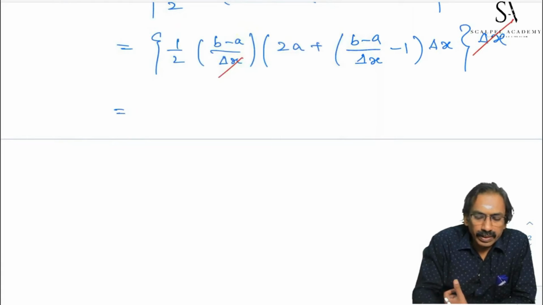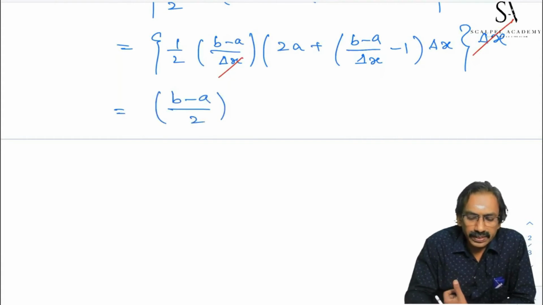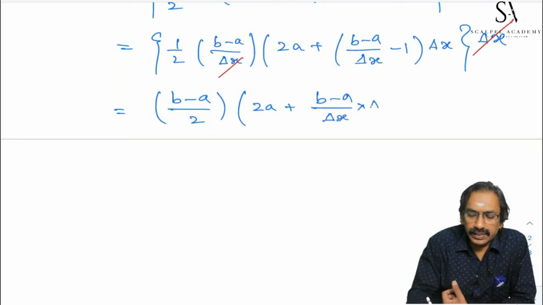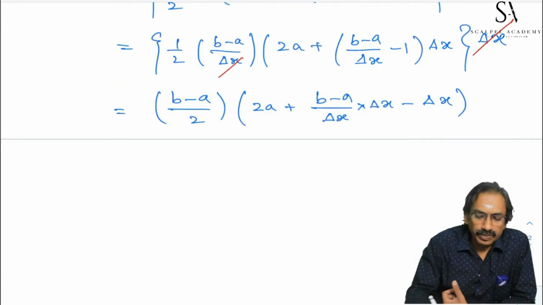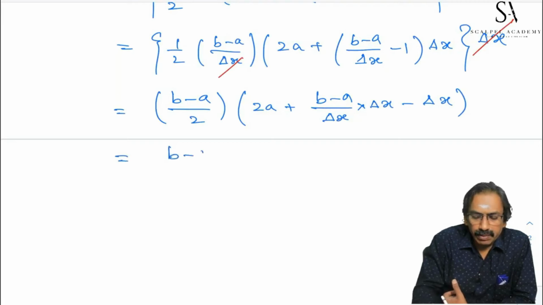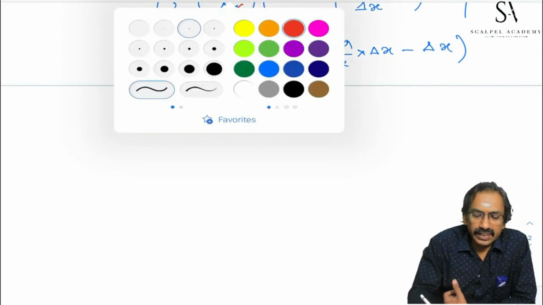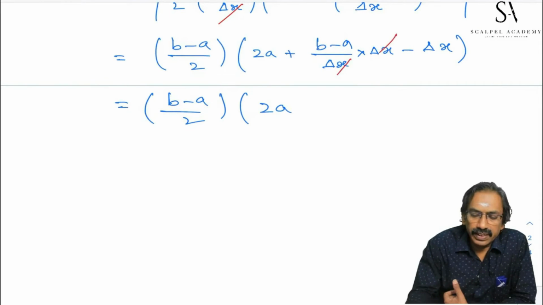Therefore, (b minus a) divided by 2 into (2a plus ((b minus a) by delta x) into delta x minus delta x). So, (b minus a) by 2 into 2a, you can cancel this delta x and delta x.